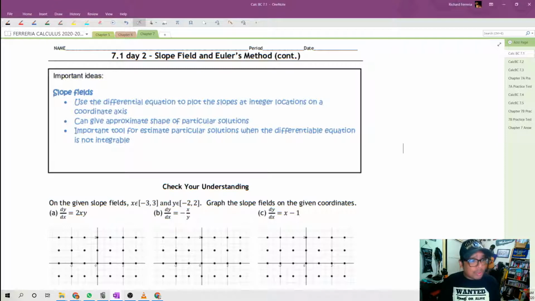So it's an important tool for estimating particular solutions when the differential equation is non-integrable. Okay, so this is why we have slope fields, particularly for non-integrable solutions.